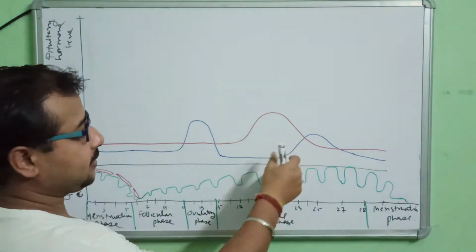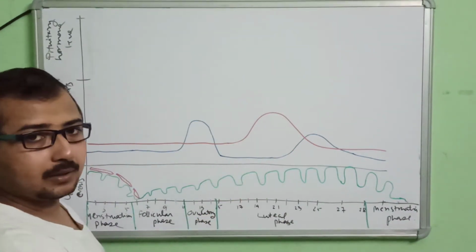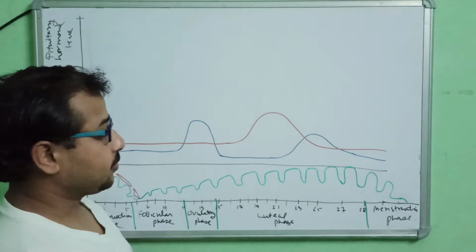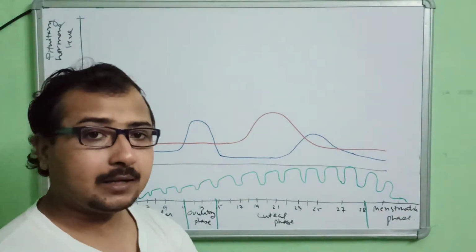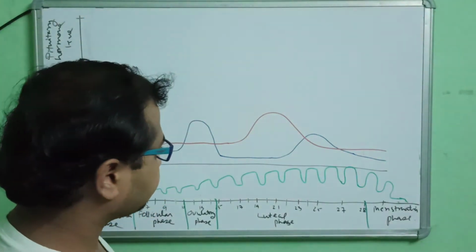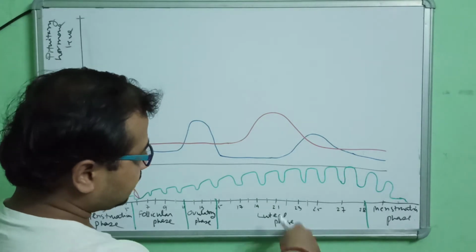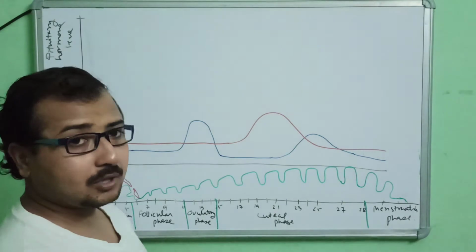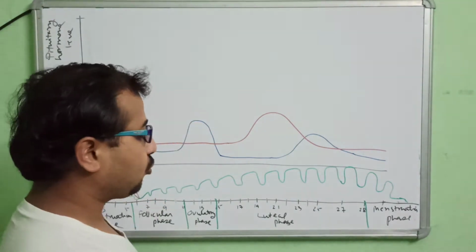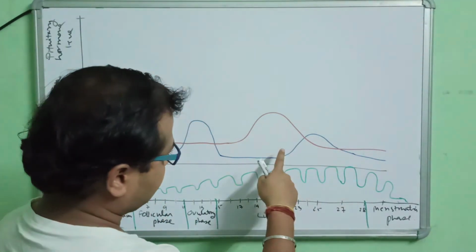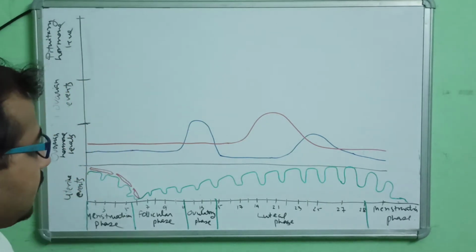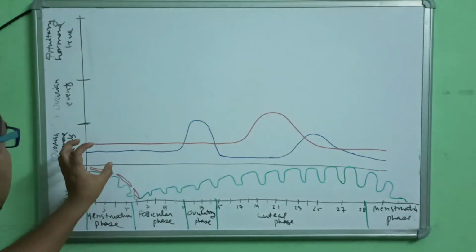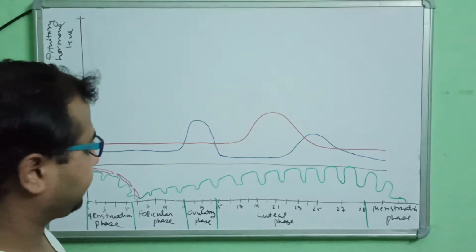The progesterone level is much higher than the estrogen level during the luteal phase. So progesterone level dominates mainly in this phase, and estrogen level also plays a role, but progesterone has more domination over the building up of the endometrium wall. Understood? So this is the estrogen and progesterone level.